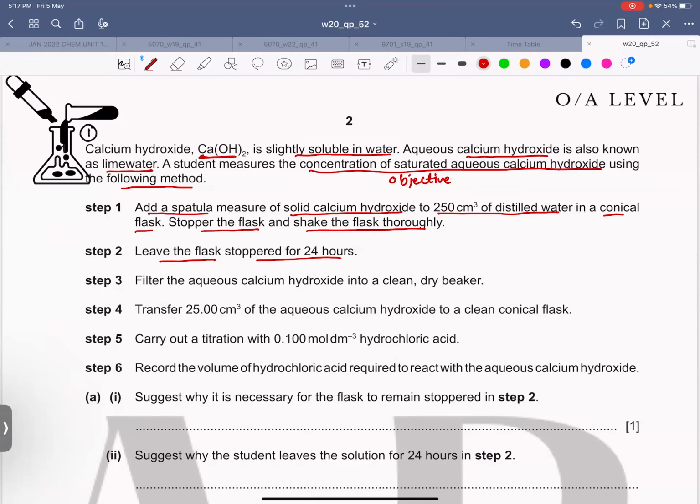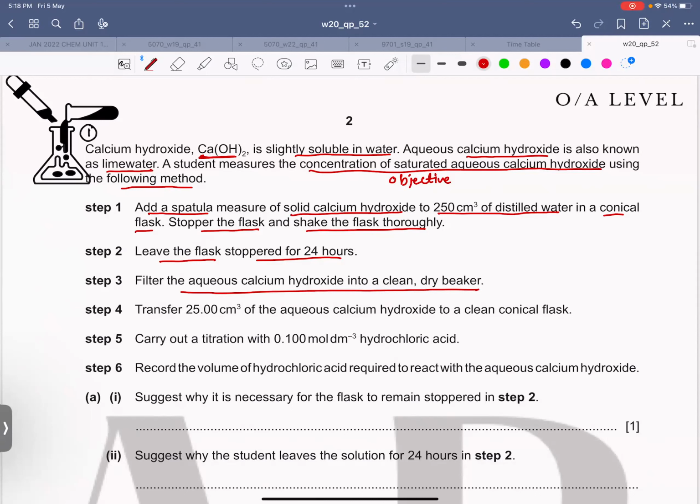Now in step 3, filter the aqueous calcium hydroxide into a clean dry beaker. So the remaining calcium hydroxide that isn't dissolved is removed after the filtration.